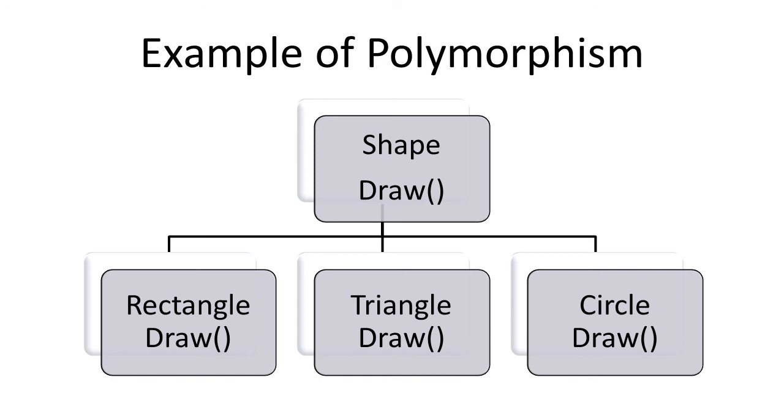So object oriented programming has provided a great deal of importance and a great variety of applications by having these two important features of inheritance and polymorphism.